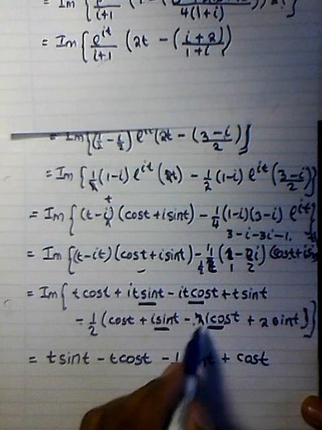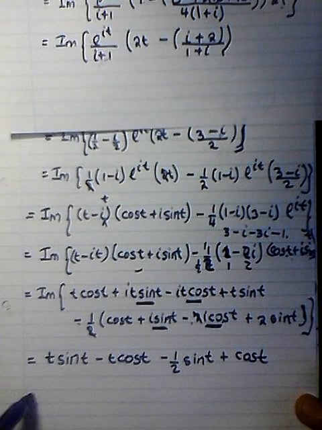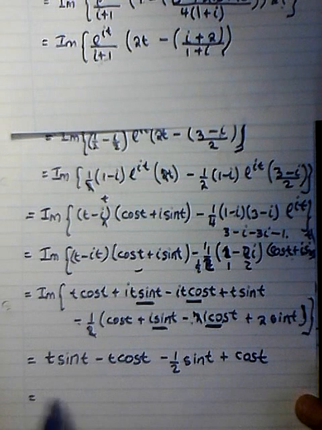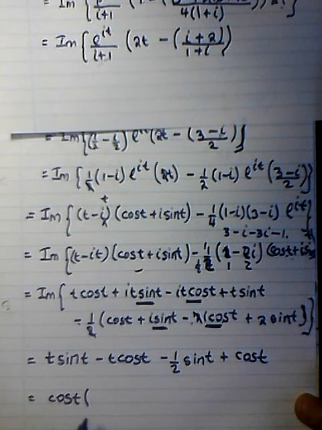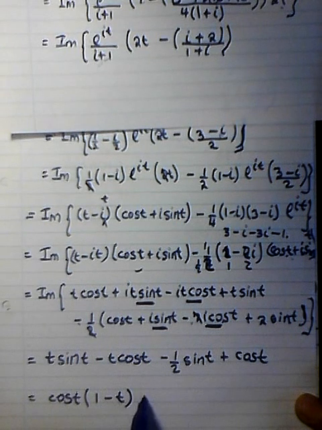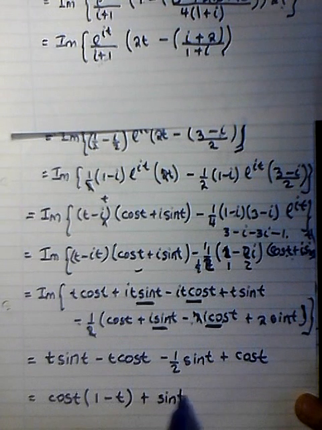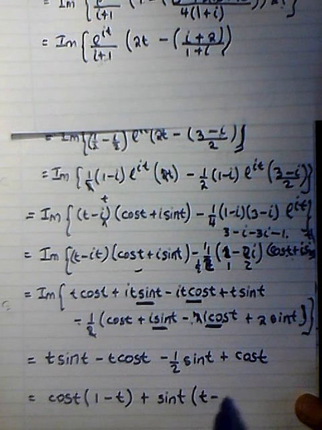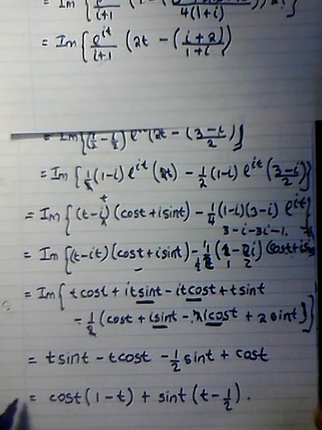Note that these 2s cancel out. Then we can further simplify this to be cos t multiplied by 1 minus t, and then plus sine t multiplied by t minus 1 over 2.